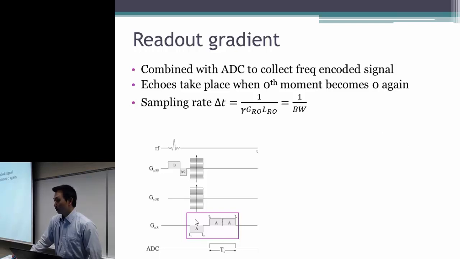If there is no background gradient, the echo will take place exactly at the center of the readout, as shown here. But if there is a background gradient, as we've seen before, then this zeroth moment would take place at a place other than the center of the readout gradient. So that will effectively cause echo shift.